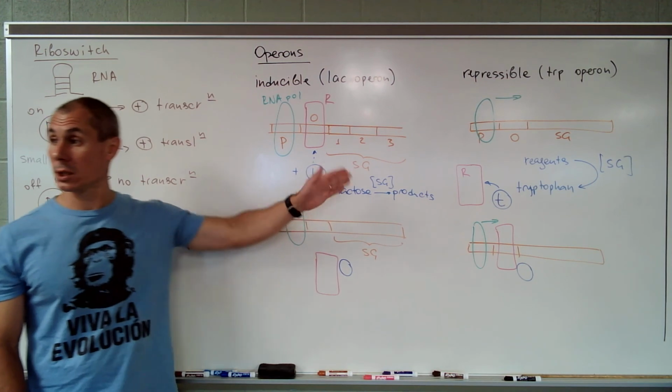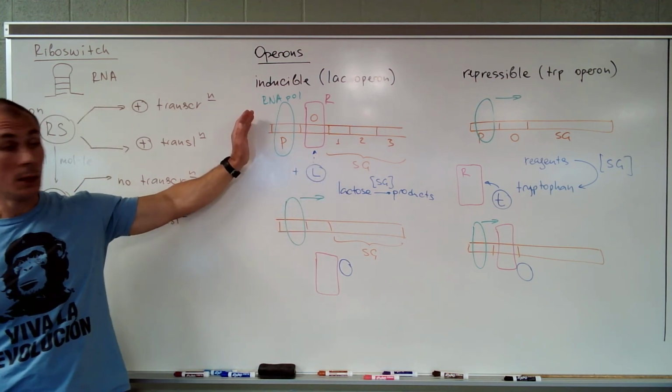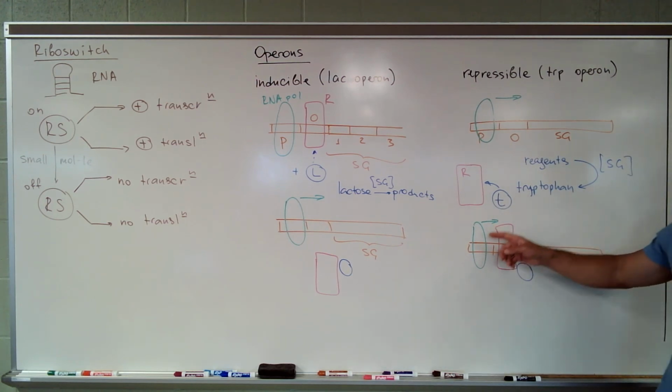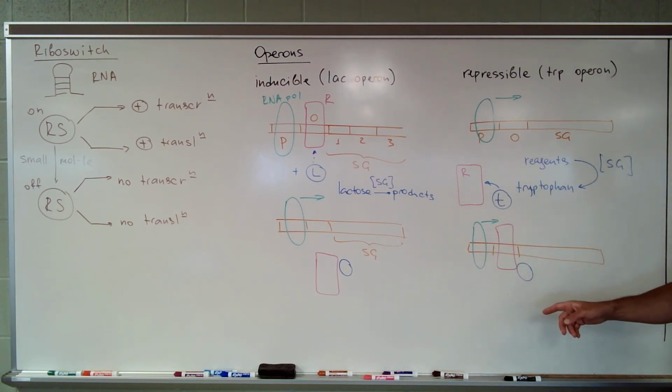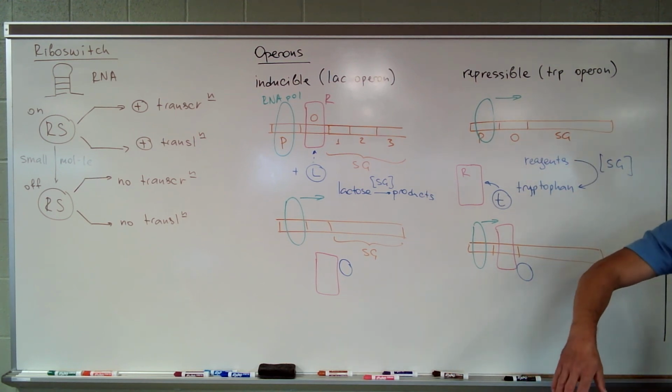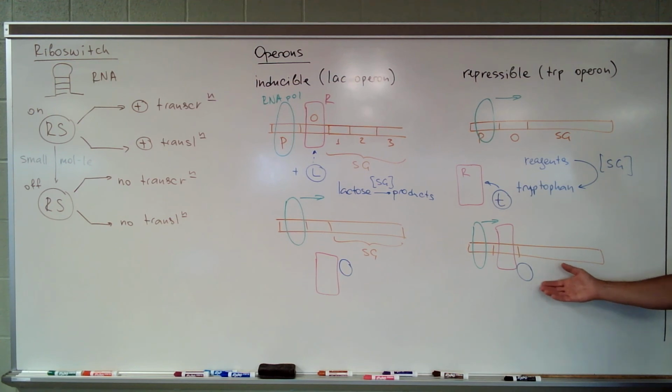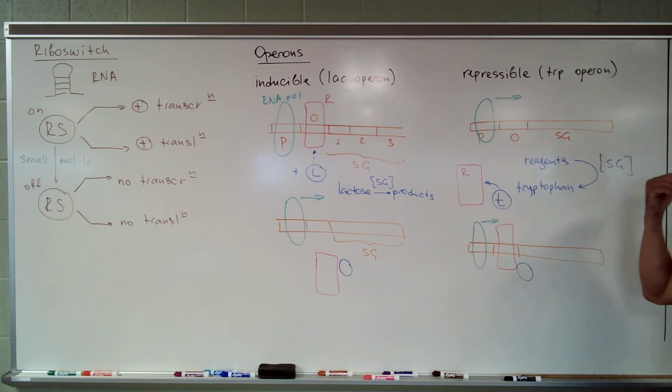When lactose is gone, we go back to square one. With tryptophan, the more tryptophan you have, the more repressor will be sitting on the operator, right? So it blocks the synthesis. Tryptophan is not getting synthesized, it's being used. The concentration of tryptophan drops, the repressor jumps off the operator because there's no tryptophan present. The whole process starts again.